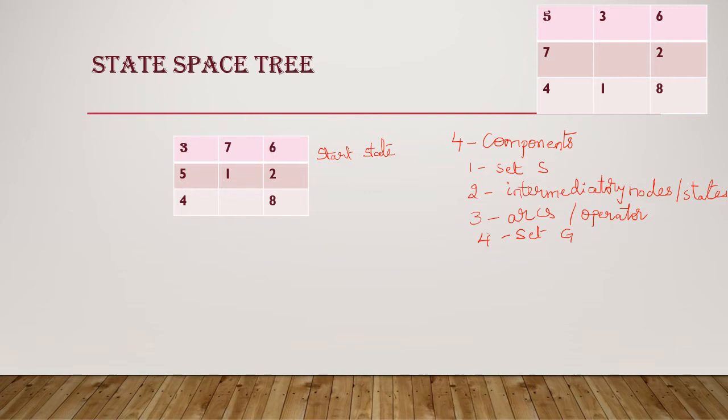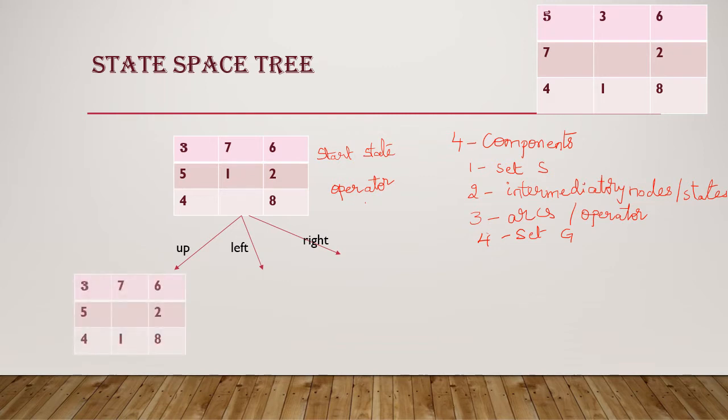Those moves are what we consider as the operator on the arc. So here there are 3 possibilities: moving the upper tile into the empty slot, or moving the left tile, or moving the right tile into the empty slot.